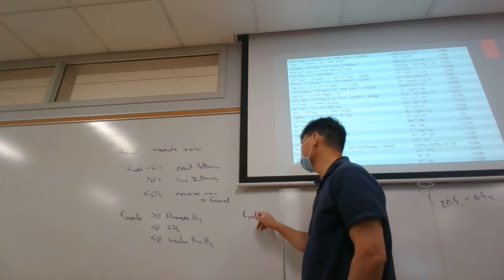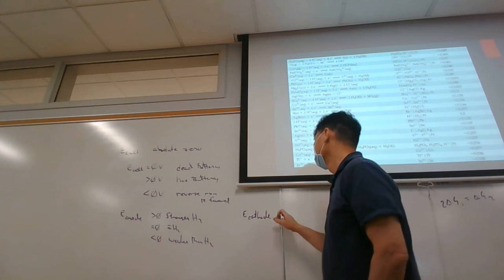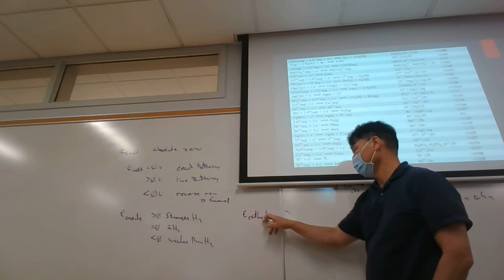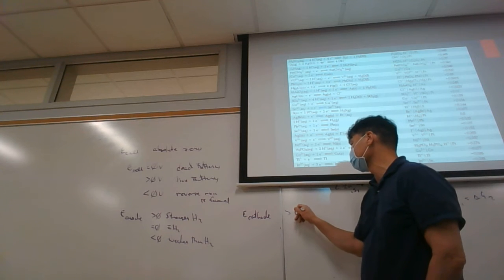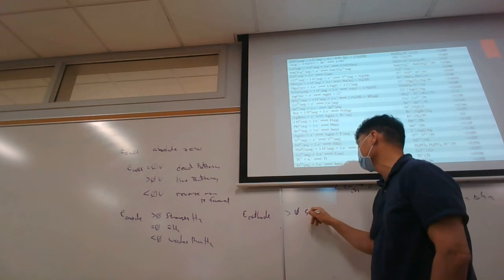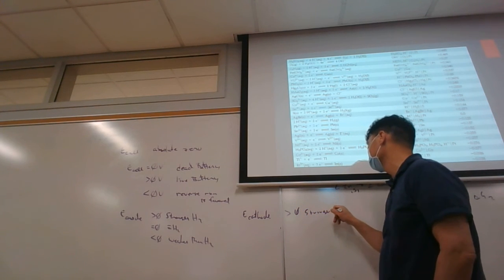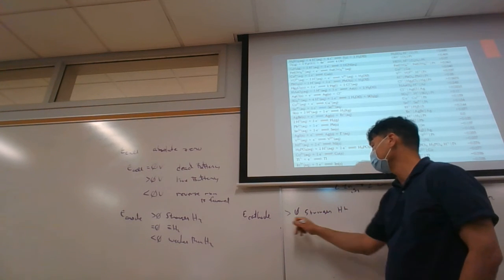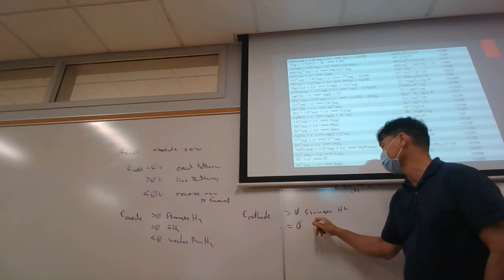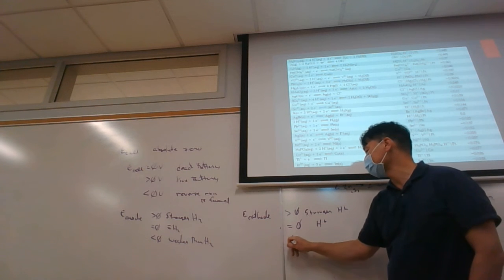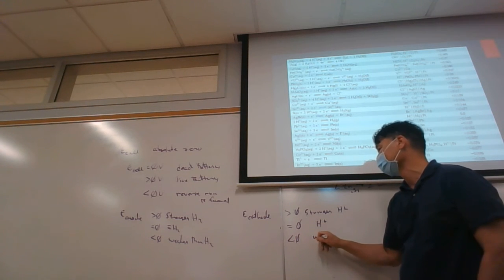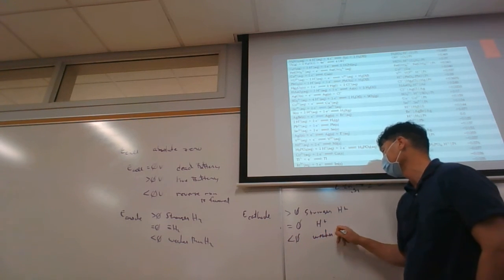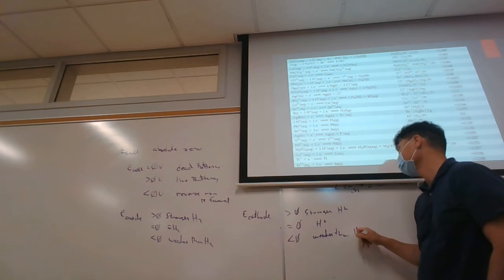Cathode, the reference oxidizing agent, is H+. So if the cathode potential is greater than 0 volts, that means it's stronger than H+, our reference. If it's equal to 0 volts, that means it's H+. And if it's less than 0 volts, it means it's weaker than H+ as the oxidizer.